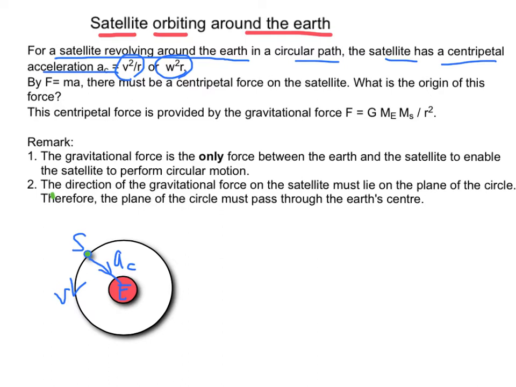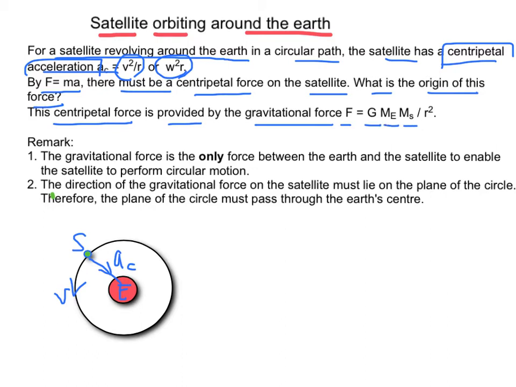By Newton's second law, F equal to ma, there must be a centripetal force on the satellite such that it has centripetal acceleration. What is the origin of this force? Obviously, this centripetal force is provided by the gravitational force F acting on the satellite due to the presence of the Earth, with F equal to G me ms over r squared. At any position, the gravitational force is directed towards the center of the Earth.